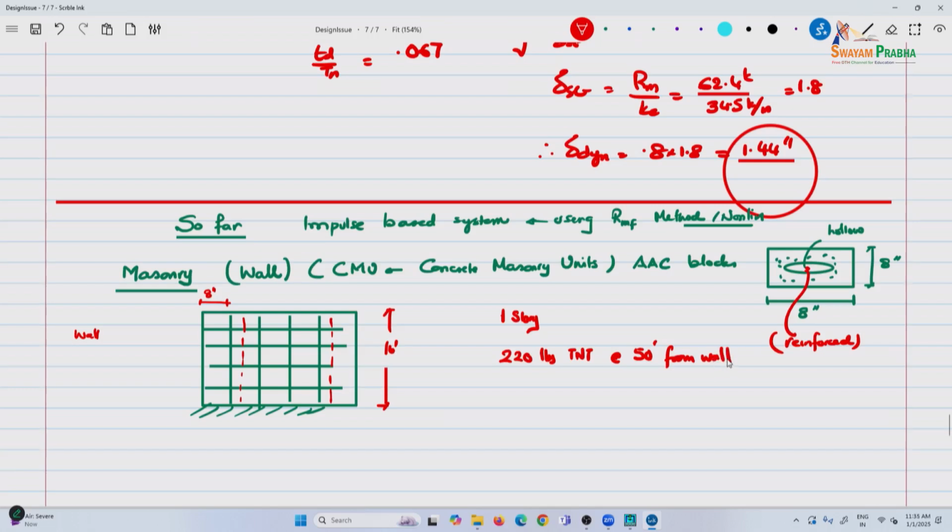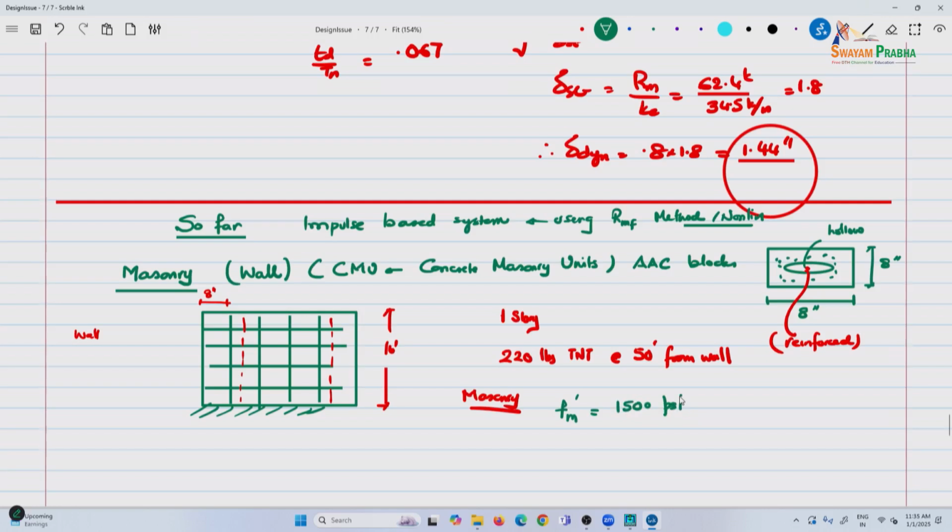Properties of the masonry: you have now, instead of f'c, f'm for masonry. There are a lot of factors that go into determining these properties, but let us keep it simple.